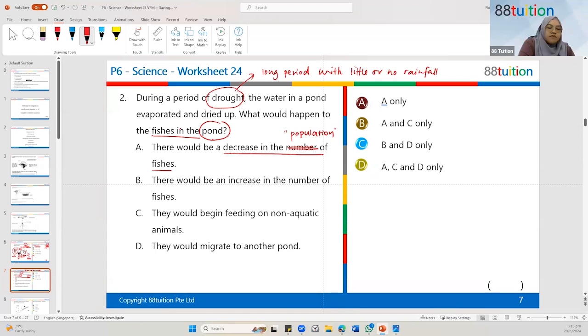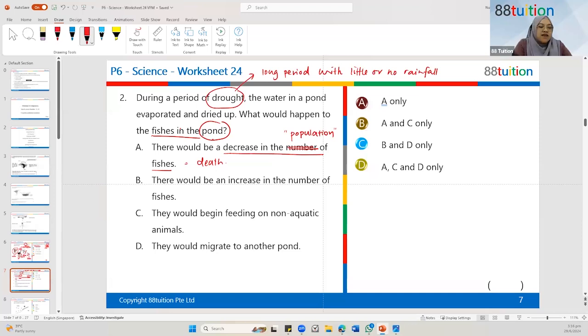Okay, so how come the population of fishes would decrease? It is because of death. Correct or not? Because one very important thing fishes need in order to survive is water. No water, their gills cannot exchange oxygen.